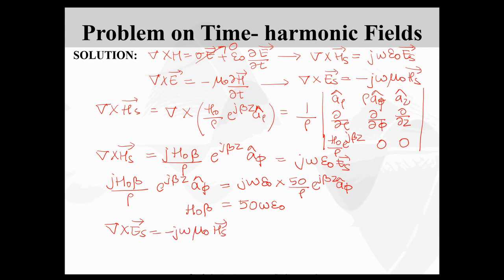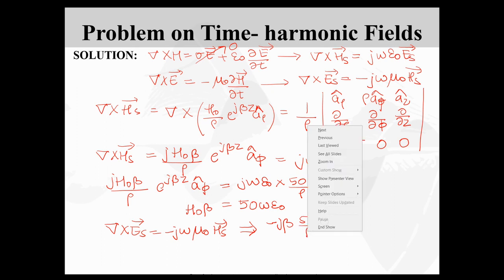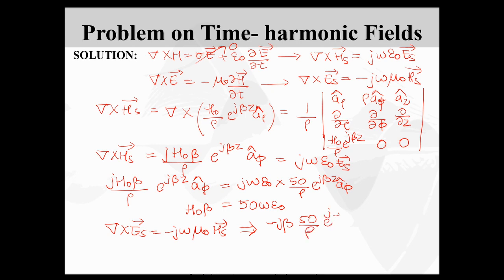By doing the above curl effect on Es, we can obtain minus j beta times 50 by rho into e to the power j beta z along the direction a rho is equal to minus j omega mu naught into h naught by rho into e to the power j beta z along a rho direction.